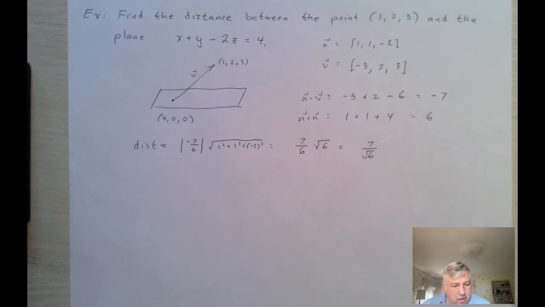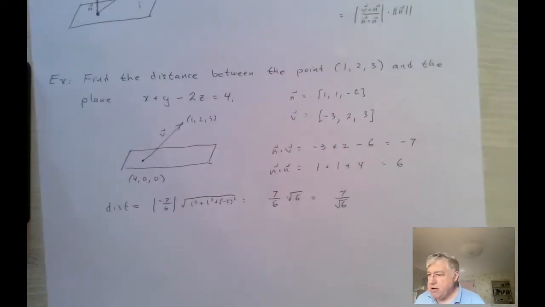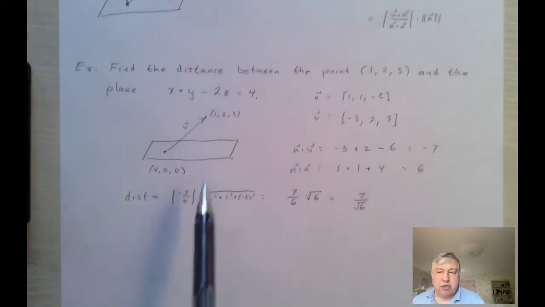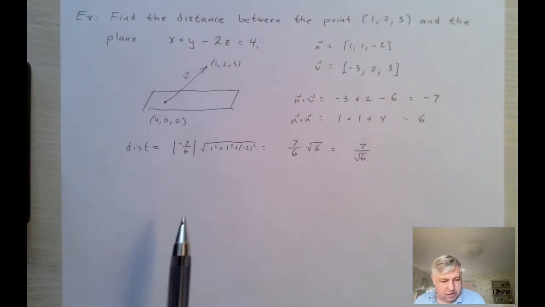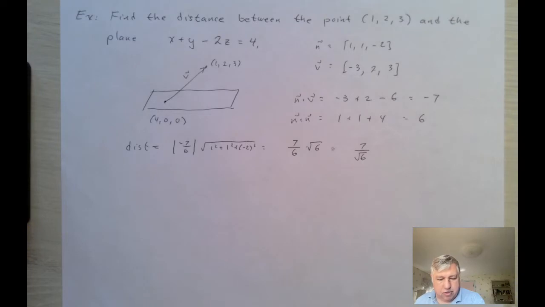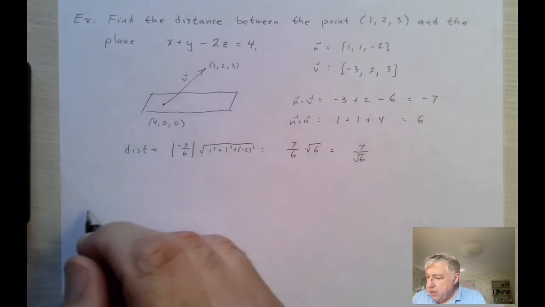Before going on to the next example, let me just say that in your calculus book and also in your linear algebra book, they give you a more explicit form for the formula for this distance. But I just want to show you where this came from.